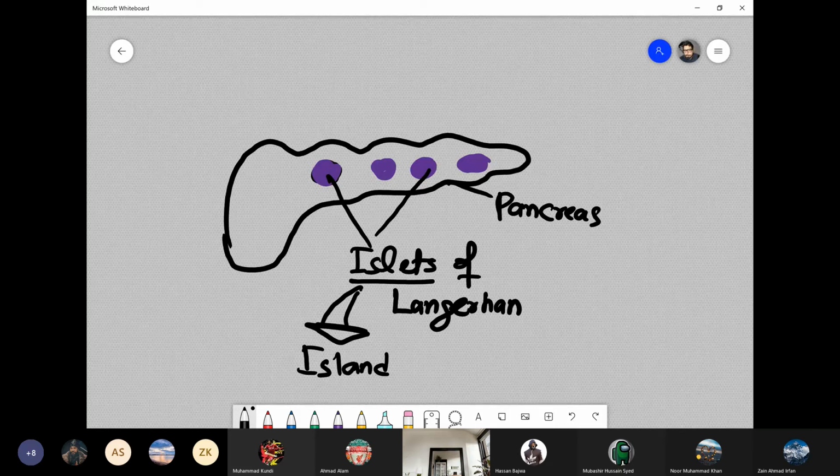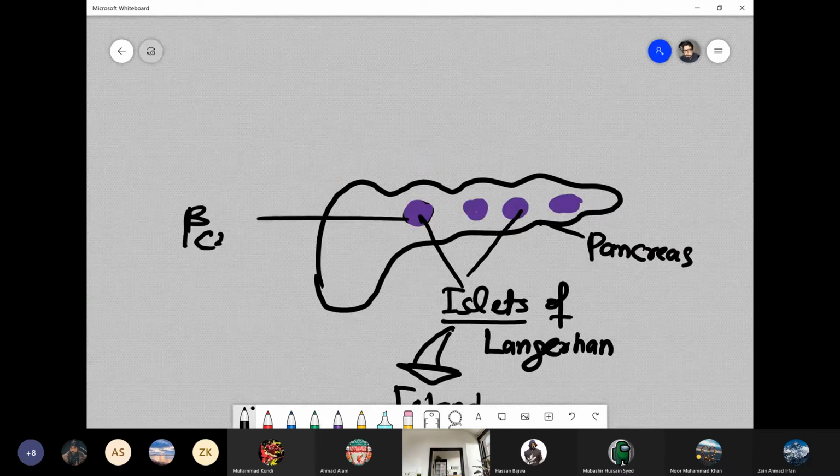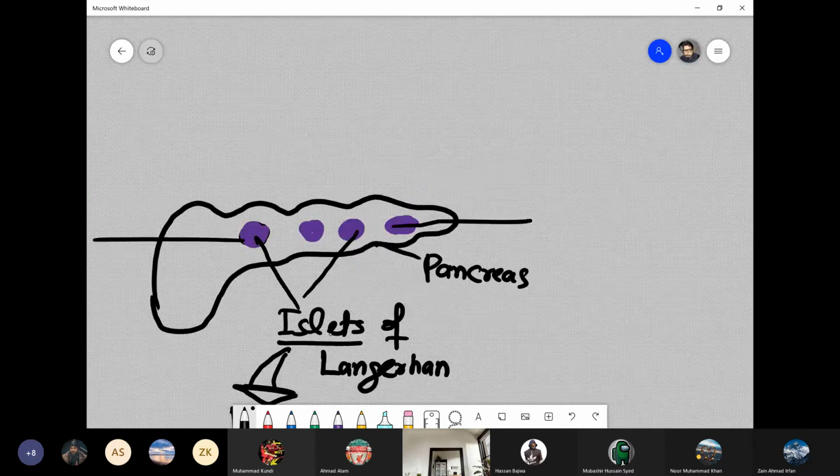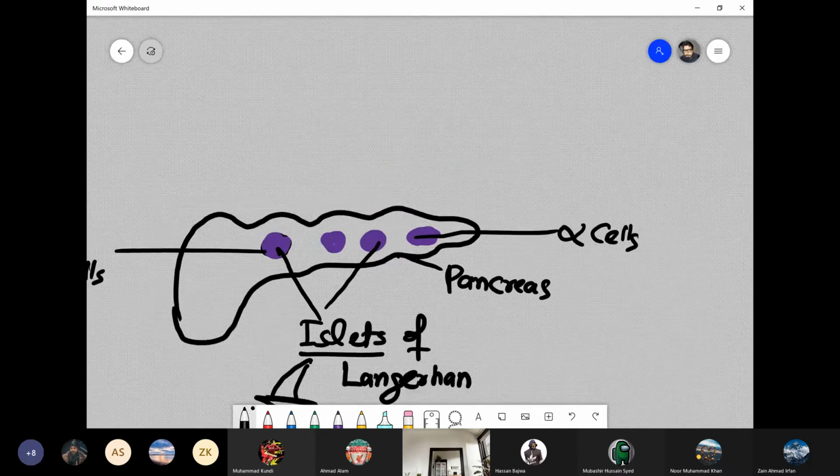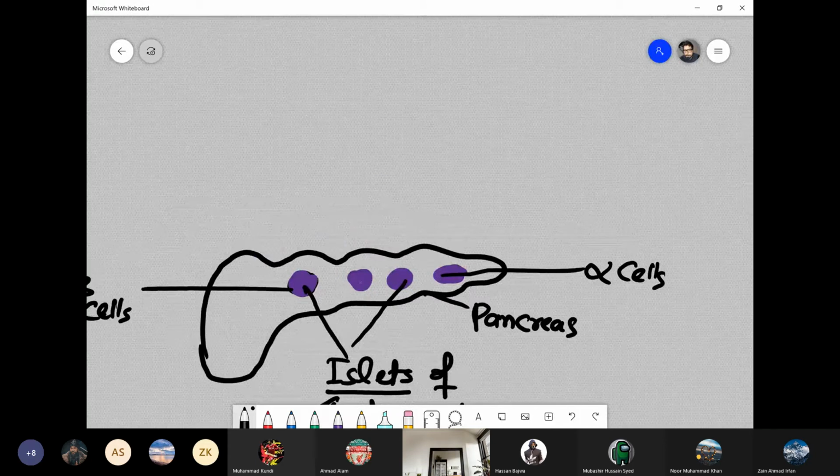Now, in these islets of Langerhans, there are two types of cells. One type is called beta cells, and the other type is called alpha cells. We'll learn about them in detail later in grade 9, inshallah.